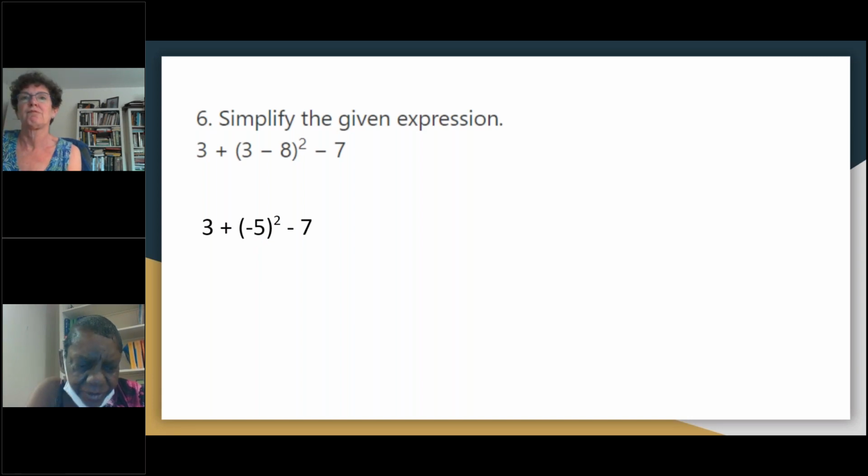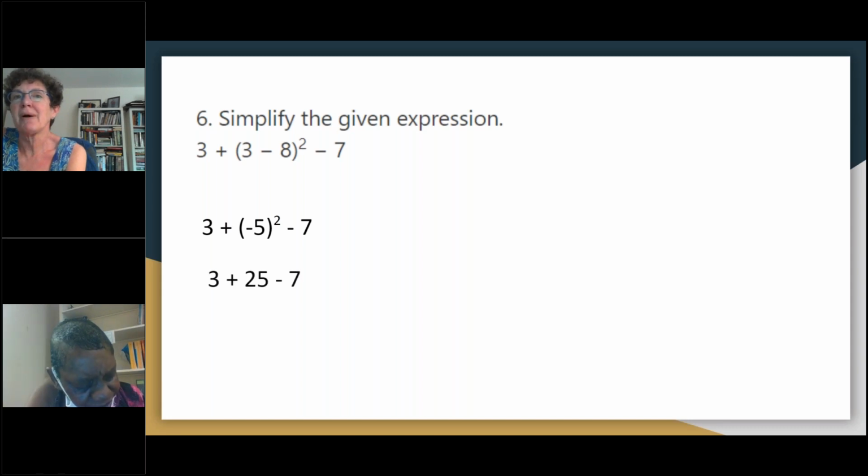So negative 5 times negative 5 is 25. Not negative, positive. It's just 25. Negative times a negative is a positive number.